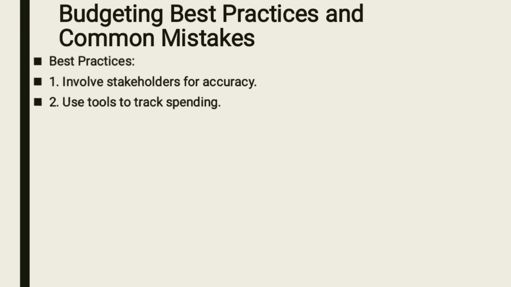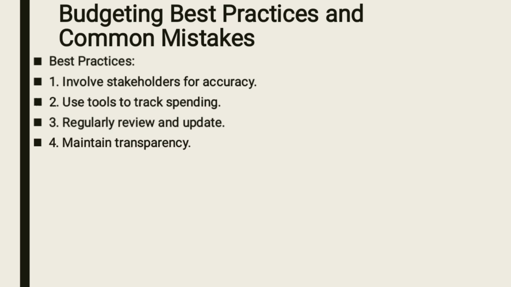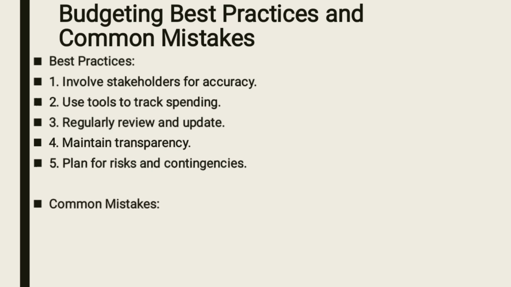You should be able to use different tools to track your spending. You should also regularly review your budget and update it. Maintain transparency. That means everybody should be aware of how your budget is moving. Plan risks and contingencies. So you should have that contingency of 5 to 10%.